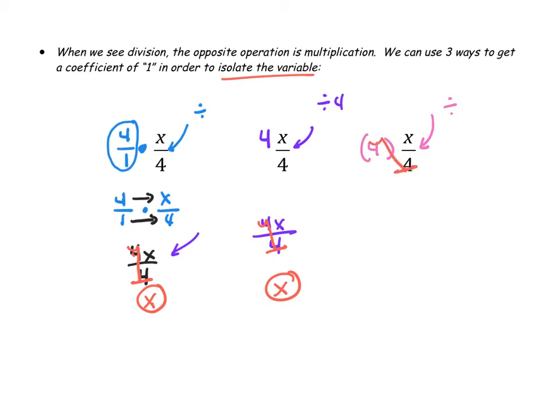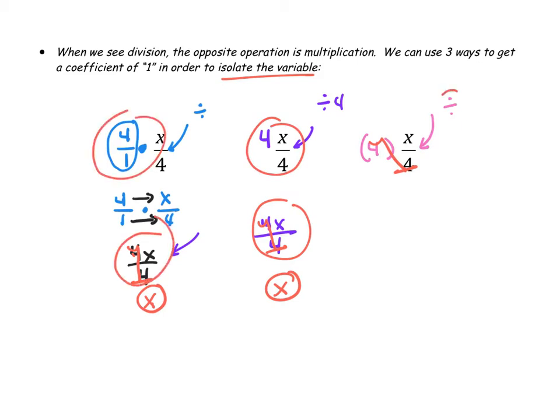It's really creating a coefficient of 1. It might not be as evident as it is this way or this way, but because I'm doing an opposite operation, I'm given division, so I'm going to multiply. They cancel each other out, once again leaving the x. And we're going to use this concept now when we try to solve equations.